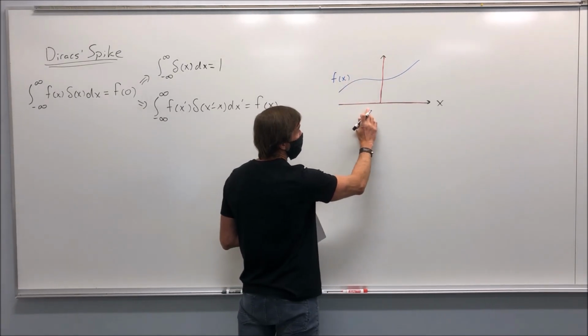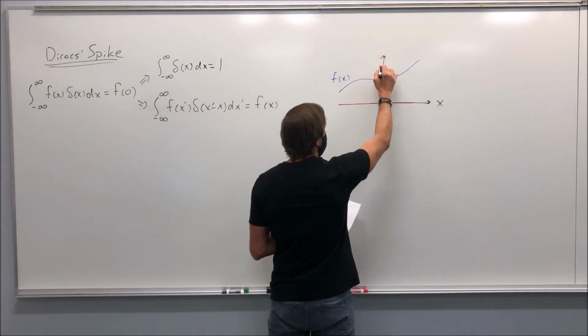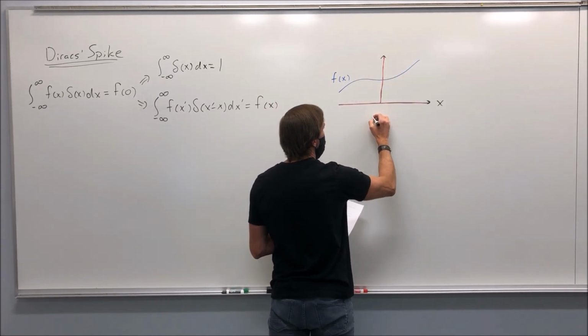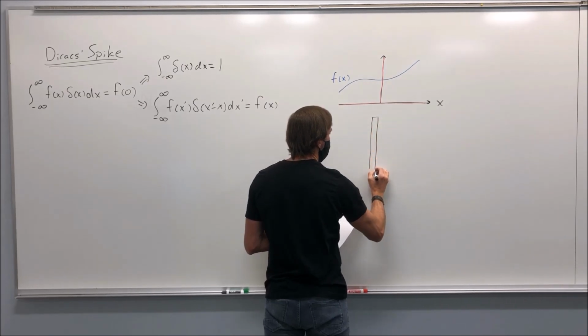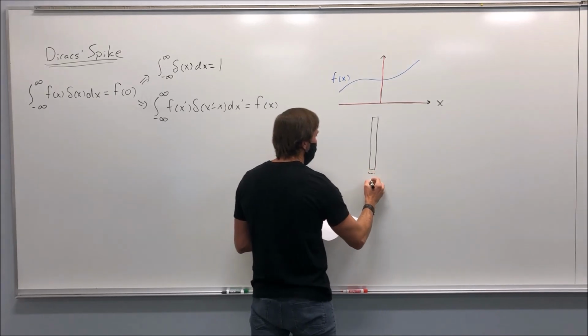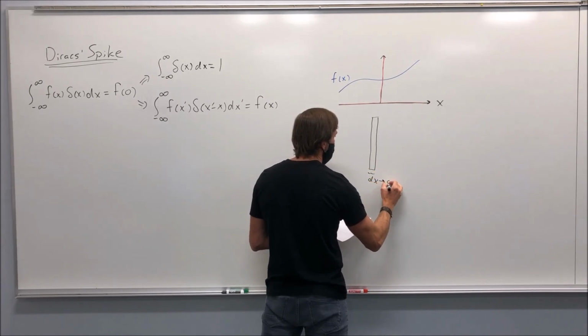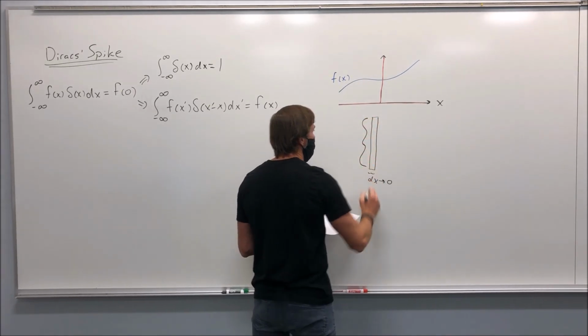So the contribution to the integral everywhere except at x equals 0 is 0. Now if I think about the contribution at x equals 0, I could imagine doing a Riemann sum of rectangles, where the width of the rectangle is dx, which we of course take to 0. What is the height of the rectangle?